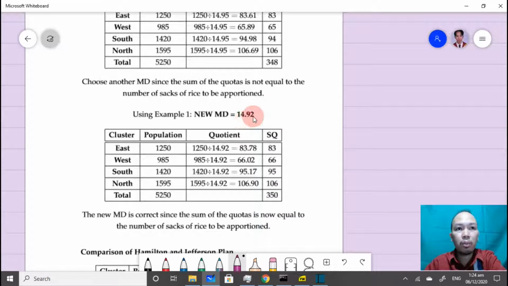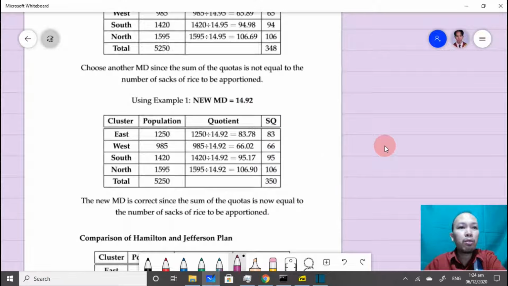It could be 14.93, it could be 14.91, it could be 14.90. So do not be confused if you ask your classmates and you don't have the same modified standard divisor.